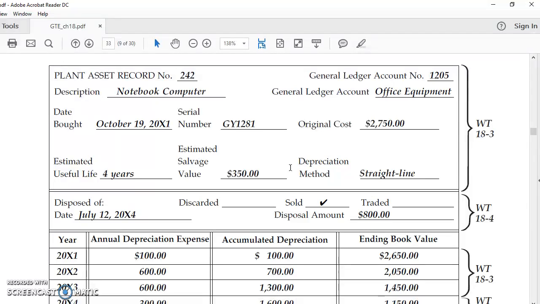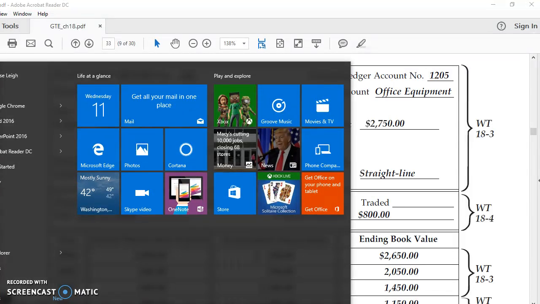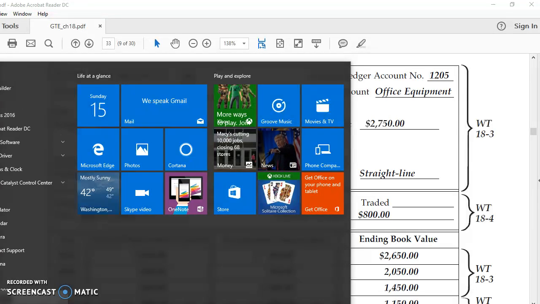So for this problem, you're going to take the $2,750. Let me get my calculator up here so I can do this with you.